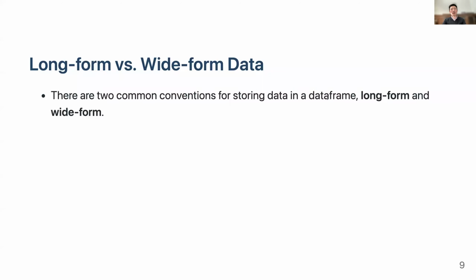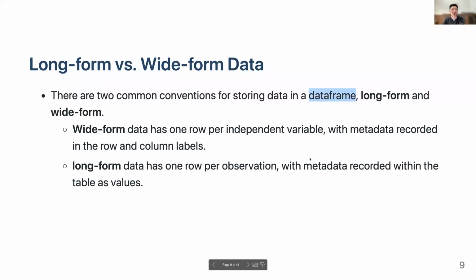For a data frame, you have two common forms to store data. One is called the long form, the other one is called the wide form. For the wide form, the data has one row per independent variable, with metadata recorded in the row and column labels. We'll see that in examples later.